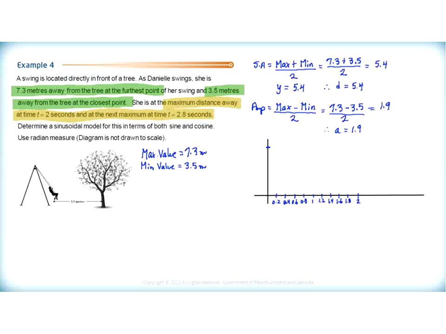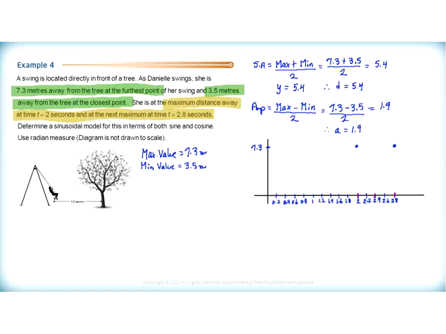So that maximum distance was at 7.3. Just to record that point. And then this would be 2.2, 2.4, 2.6, and at 2.8, she is at the next maximum again. So halfway between 2 and 2.8 is 2.4, and that's when she will be at a minimum distance.